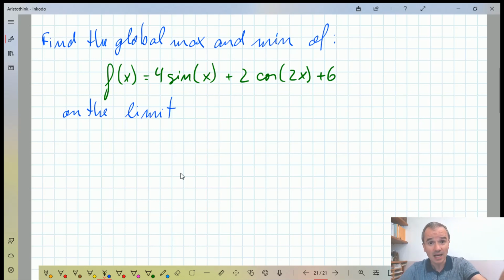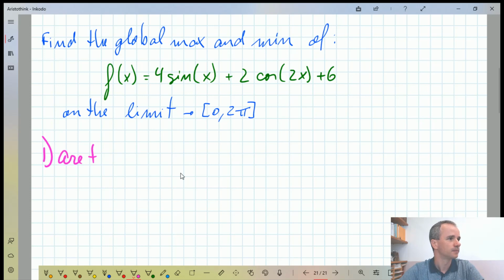So I've got to tell you the limits that I'm going to study: between 0 and 2 pi. Good, that is the question. So the first thing we're going to see, remember, is if there are any discontinuities. So the first thing we're going to find is, are there any discontinuities?